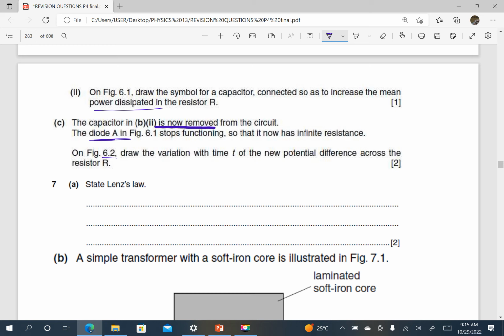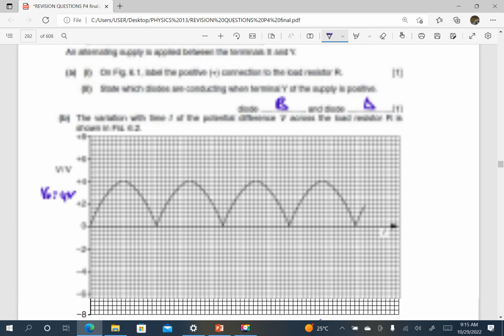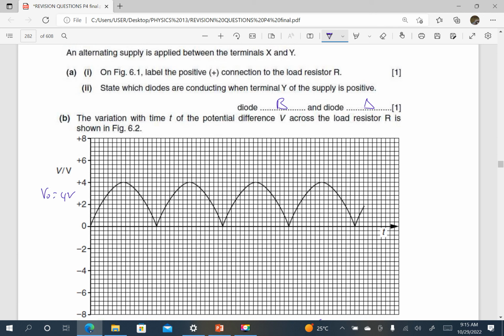Since the capacitor is removed and the diode has stopped working, we only have half wave rectification. So we shall only draw the half waves. I will just use a pencil for this one.